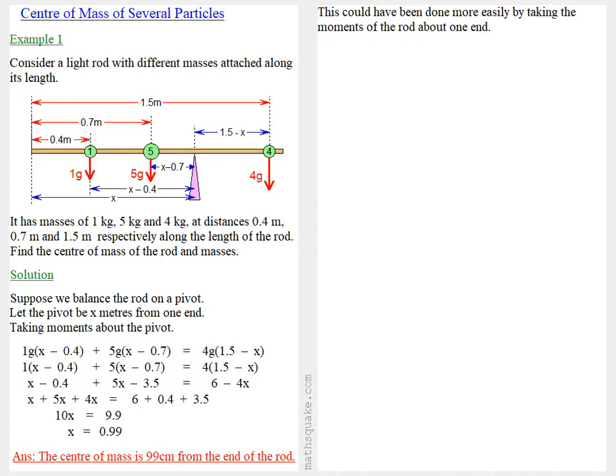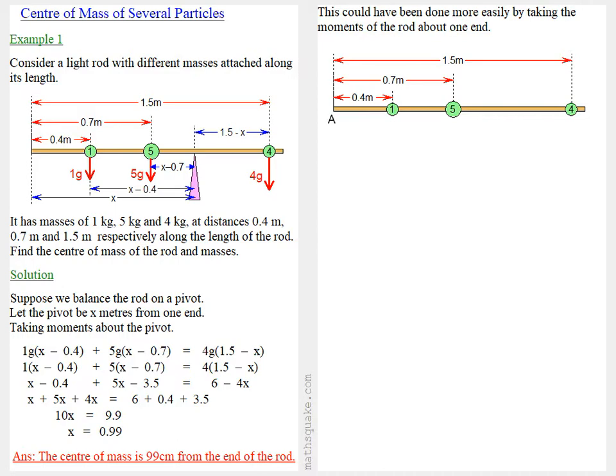This could have been done more easily by taking the moments of the rod about one end. So if we take moments about A, for the clockwise turning moment, we've got 1 kilogram, that's 1g, at a distance of 0.4 meters from A. That is 1g times 0.4. Then there's a mass of 5 kilograms, which is 5g, at a distance of 0.7 meters from A. That's 5g times 0.7.